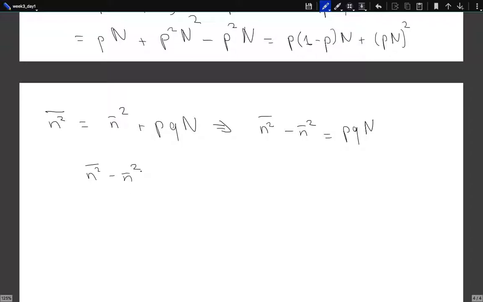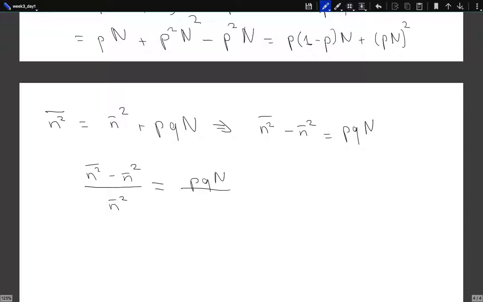This is the deviation from equilibrium. Let's see what percentage it deviates from the equilibrium value, from the average value.